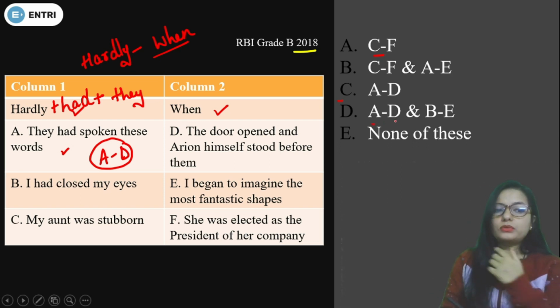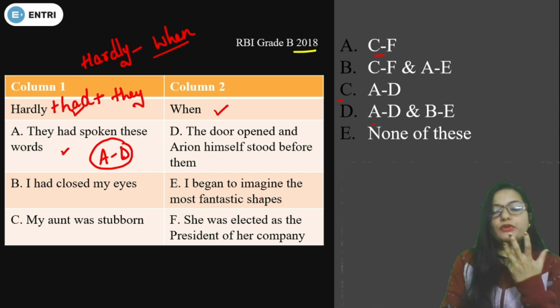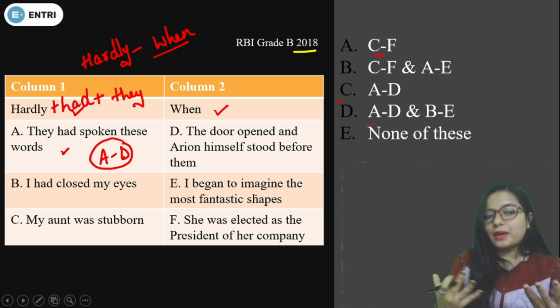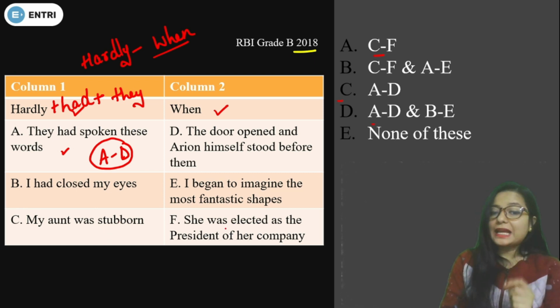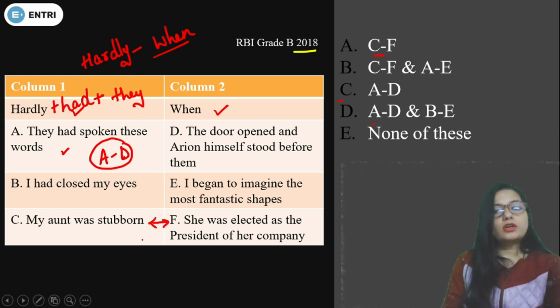Let's read B and E also. I had closed my eyes. I began to imagine the most fantastic shapes. We do not need to read even C, but because we are practicing, let's just read it. My aunt was stubborn. She was elected as the president of our company. They both are not connected anyhow. C is talking about something else and B is talking about something else.